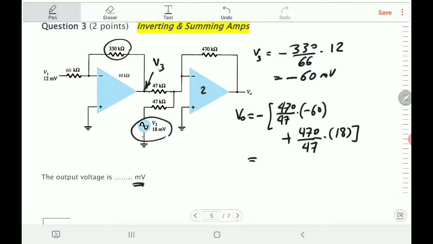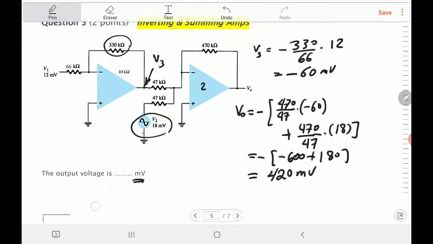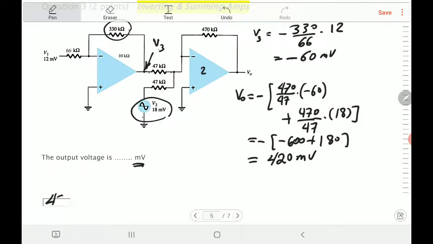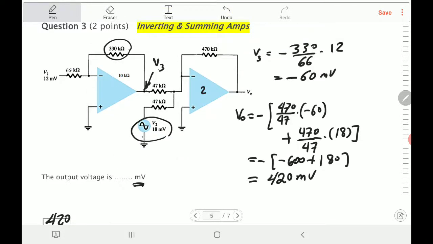Obviously, I chose very nice numbers. 470 divided by 47 would be 10, right? So you have minus 60 times 10, which would be minus 600, plus 10 times 18, which would be 180. Just subtract and flip the sign, and you find the answer is equal to 420 millivolts. So the answer in the box should be 420. As you see again, there is nothing strange in this problem.